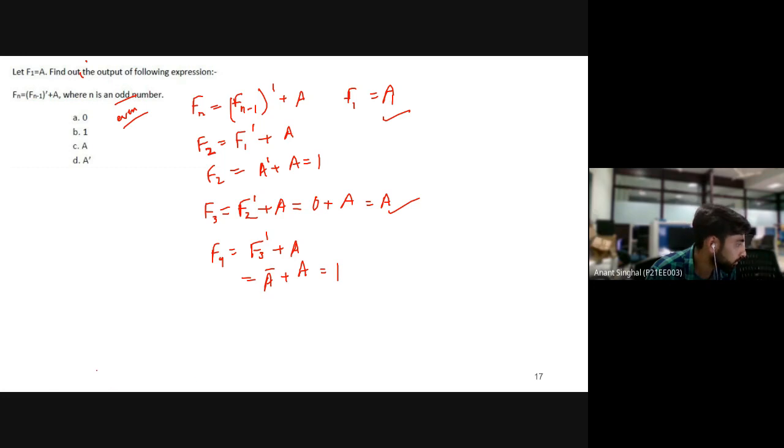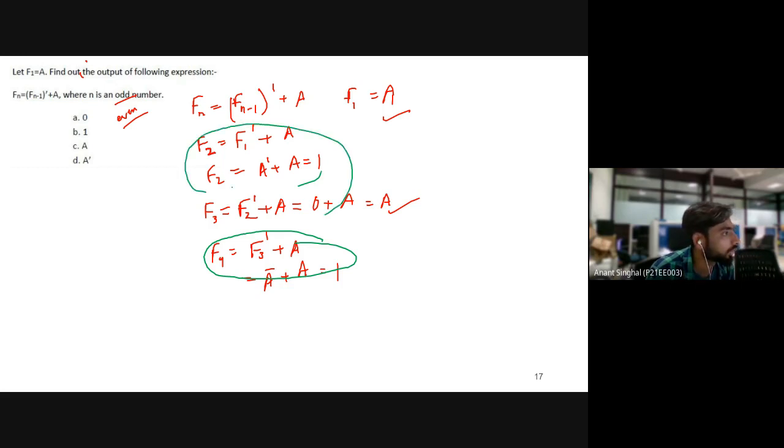So here you can see, for even, F2, F4, you're getting 1, and for odd, F1, F3, you're getting A. Let me calculate F5 also, that will confirm further.